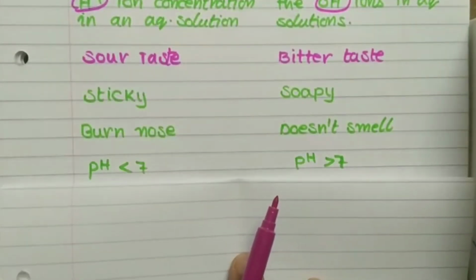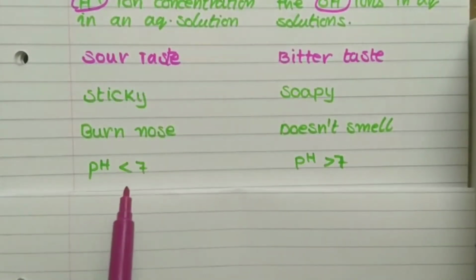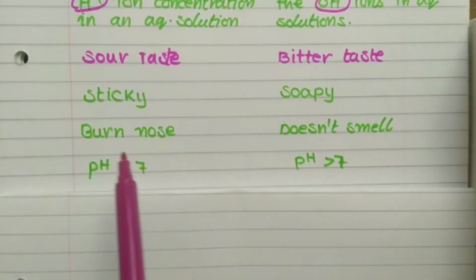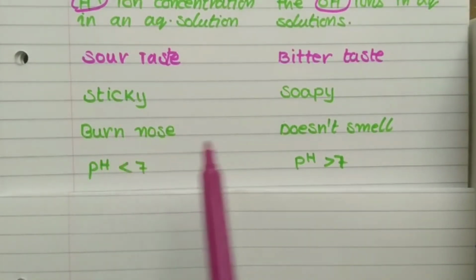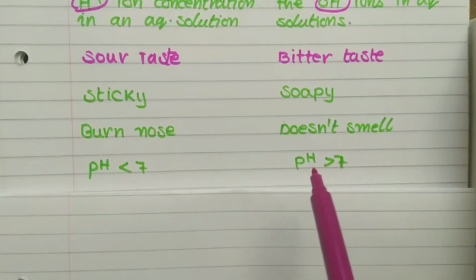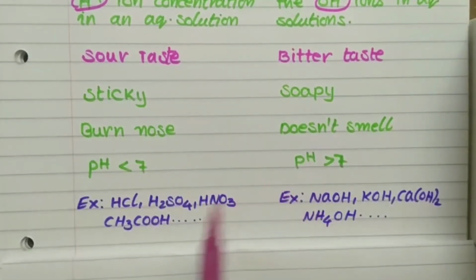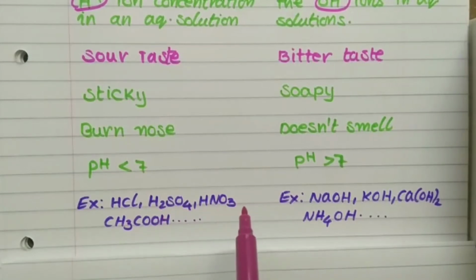The pH value of acids is less than 7. If the value is less than 7, that indicates the given substance is an acid. If the pH value is more than 7, it is a basic substance. Examples of acids are HCl, H2SO4, HNO3 (nitric acid), and acetic acid.